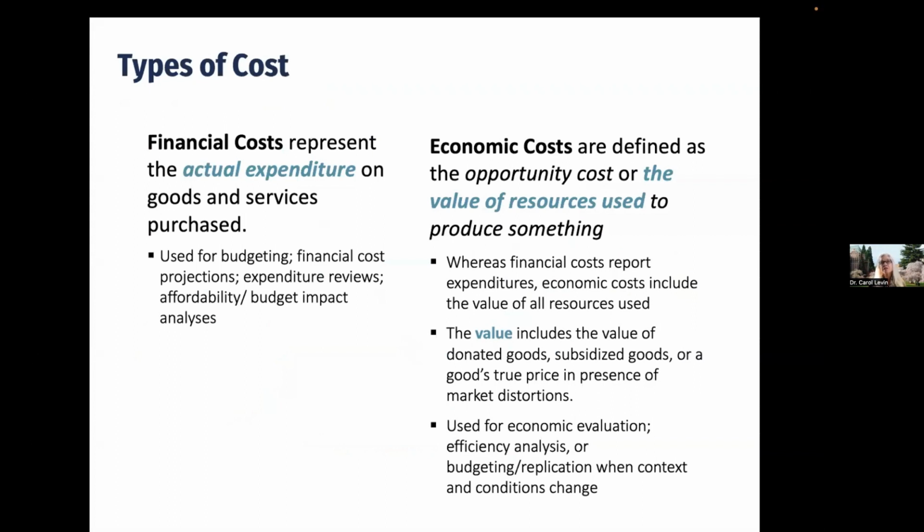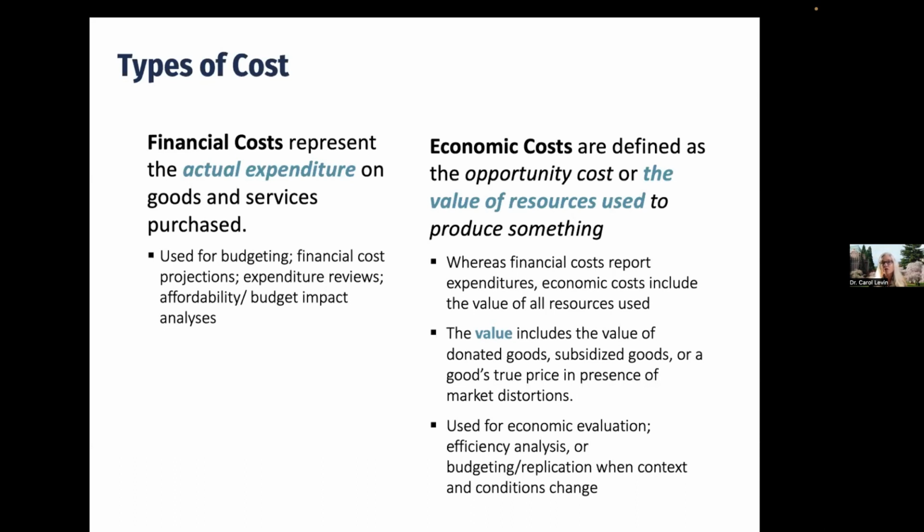These are important distinctions. Financial costs represent the actual expenditure on goods and services, and these costs are typically used for budgeting or financial cost projections, assessing affordability. Economic costs, however, are essential for use in full economic evaluations for understanding efficiency, allocative efficiency, technical efficiency.